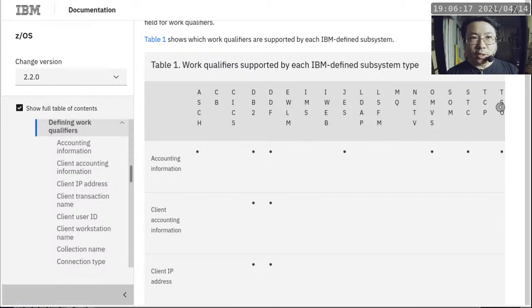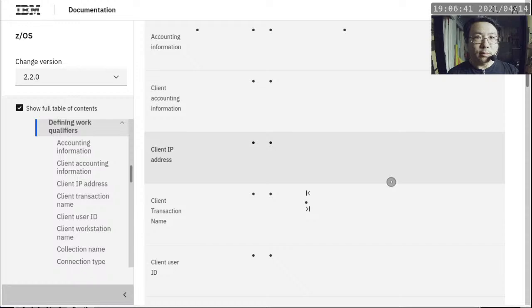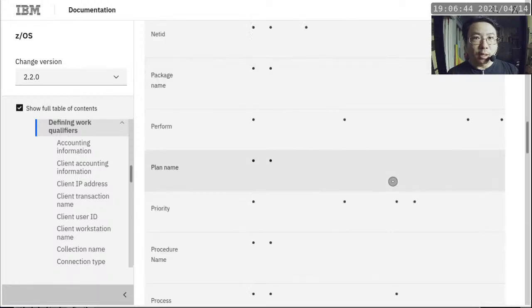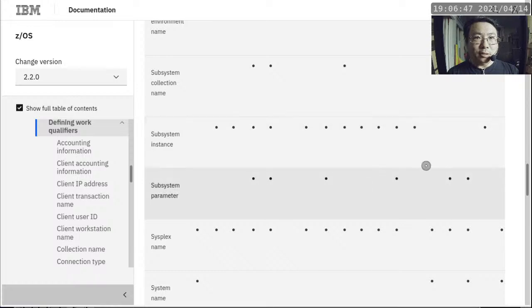On the other hand, if it's coming from TSO, then we can get accounting information, but there's no client accounting information and no client IP address when it's coming from the TSO subsystem. So that is how we can tell which subsystem can use which work qualifier. It's a pretty big table. This table goes on and on, but all the dots here will help you understand what we can use for a specific subsystem.